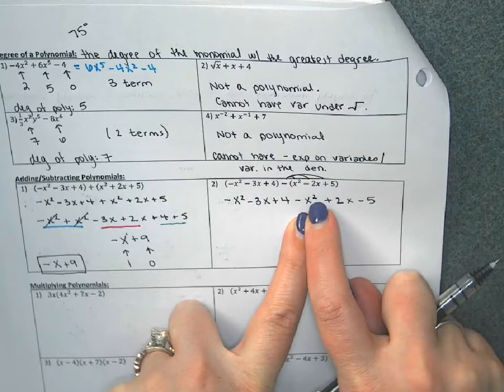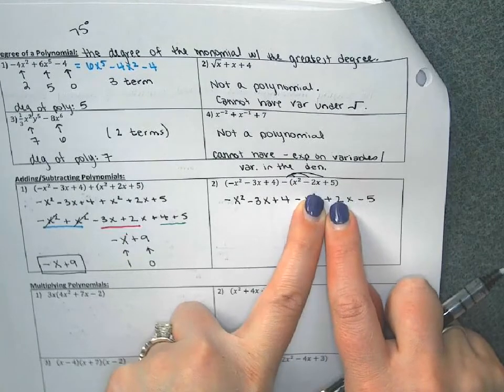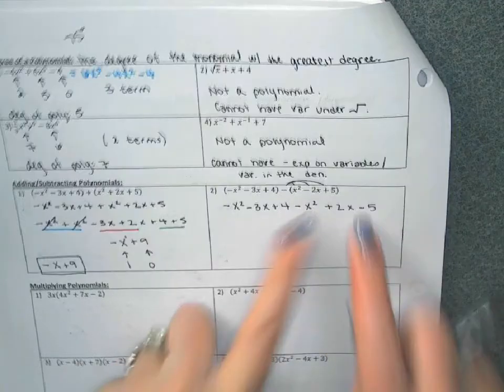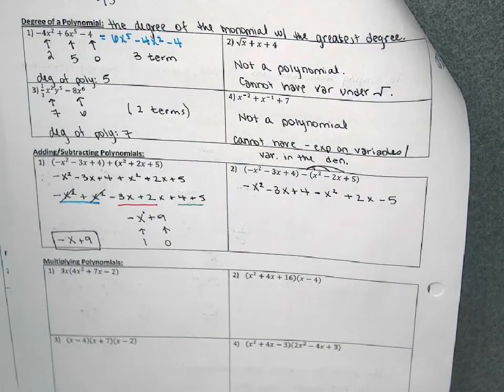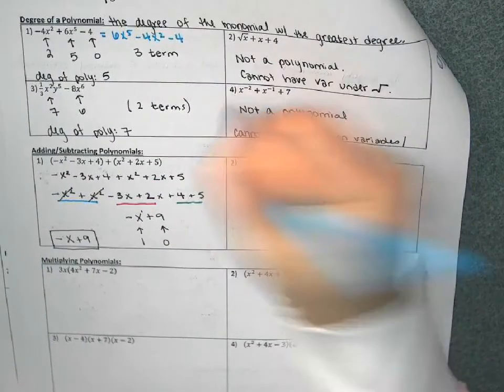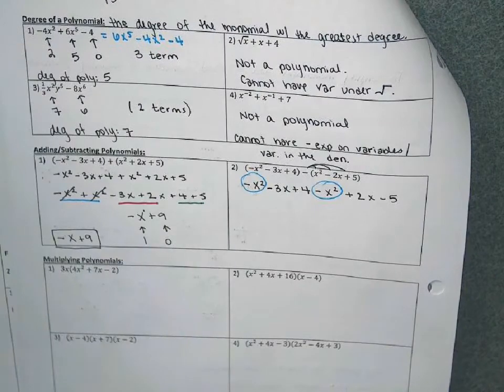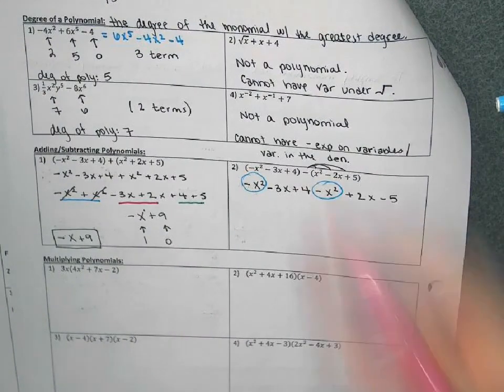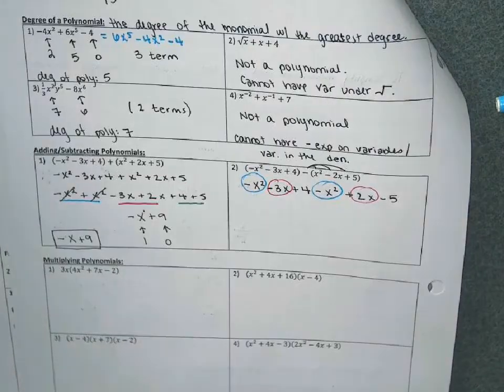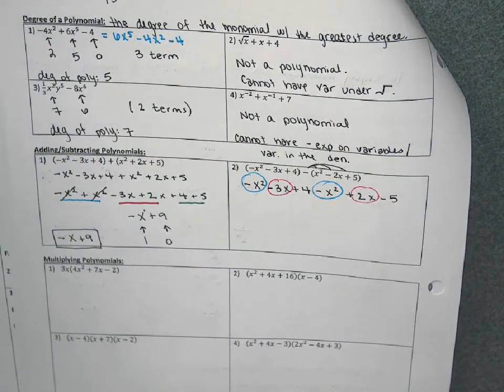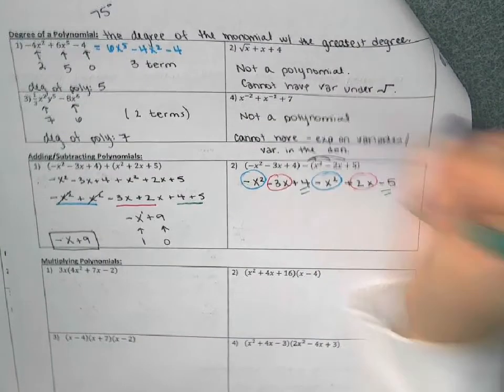So the x squared became negative, the 2x is positive, and that 5 is now negative. Now again, we can combine like terms. So we have a negative x squared and another negative x squared, a negative 3x and a positive 2x. We have 4 and a negative 5.